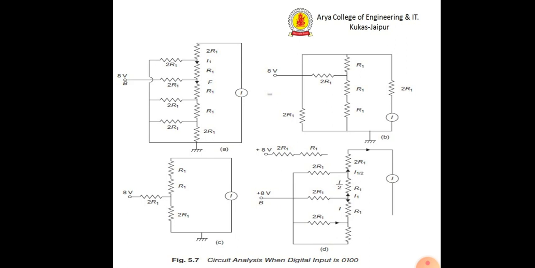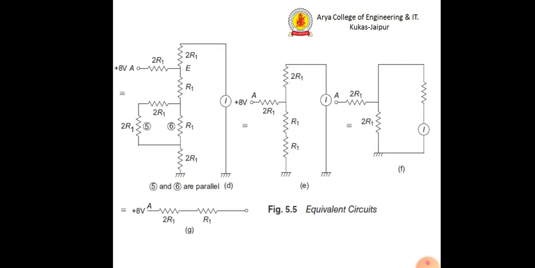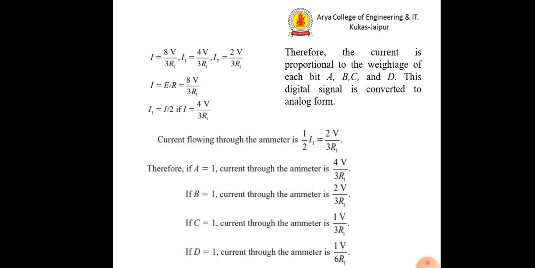I gets divided into I1 and I2. I1 gets equally divided into I1 by 2 and I1 by 2. So we simplify and we find that the current flowing through the emitter will be half I1 equals 2 volt upon 3R1.